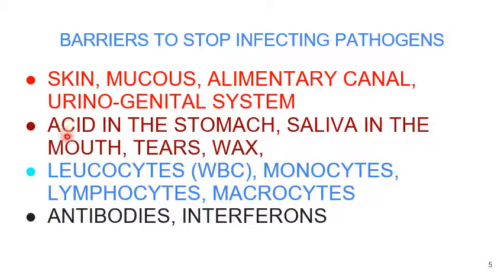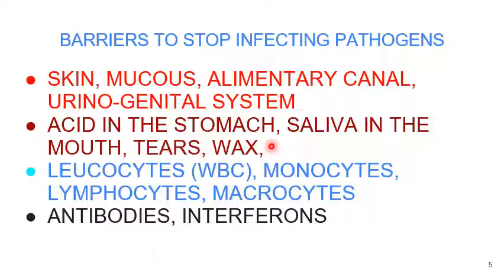The second one is the physiological type of defense, that is the acid in the stomach, saliva in the mouth, tears in the eyes, wax in the ear. These things also trap the pathogens and do not allow them to enter the human body, especially the blood system or the cells.